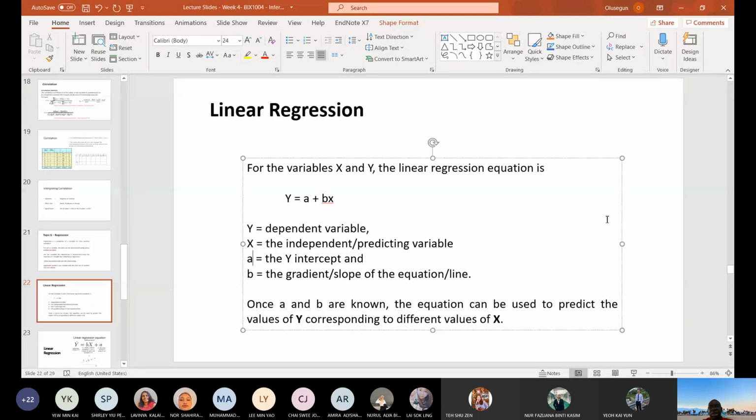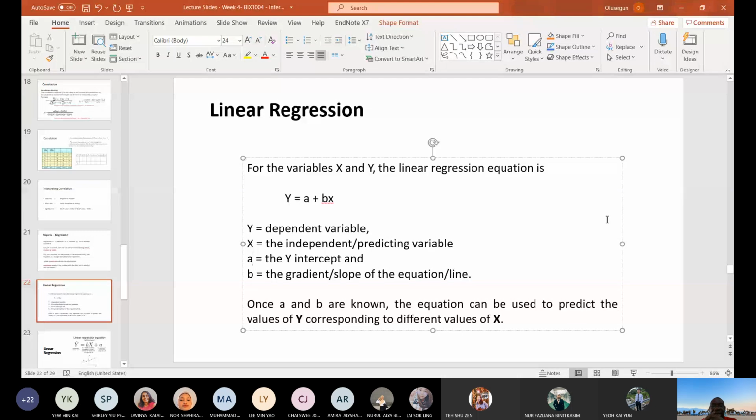What I'm saying is, for somebody who doesn't have income, it doesn't mean you will not pay rent where he's living. So the intercept will determine what will happen to y when x is 0.